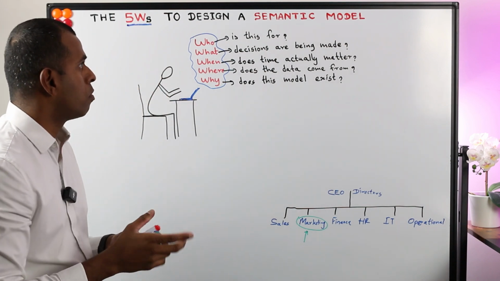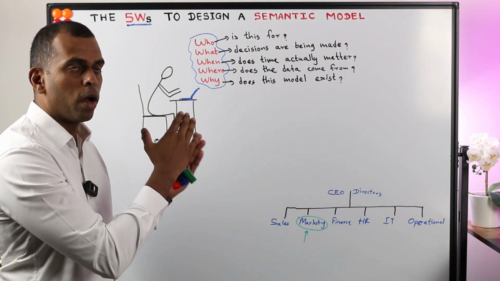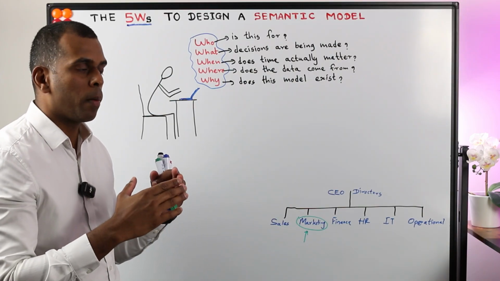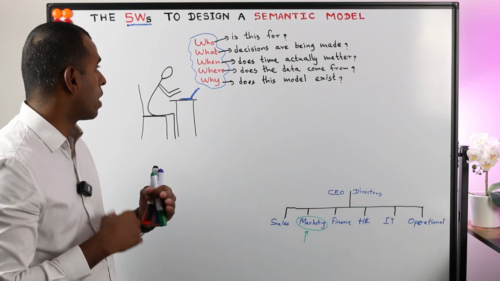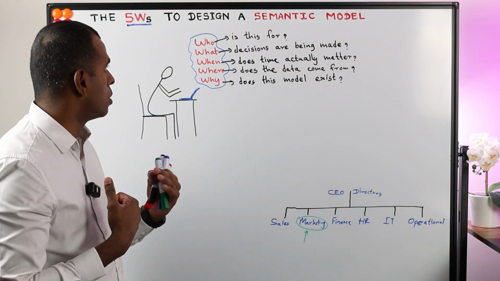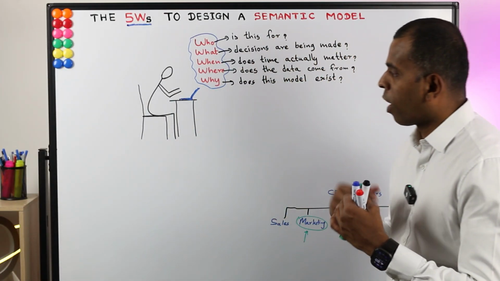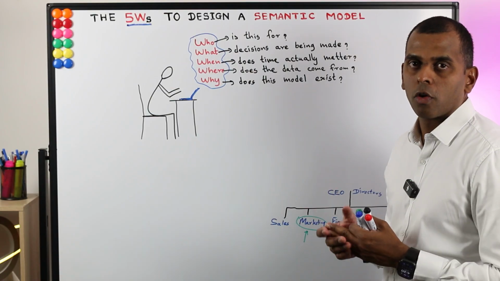When you ask these questions and follow this 5Ws framework, it keeps things easier. You can avoid a lot of issues that can come up in the future. Following this framework, I found I can avoid a lot of things.